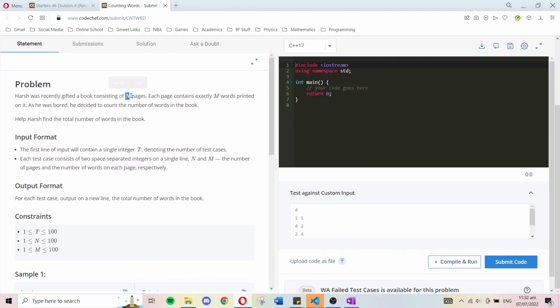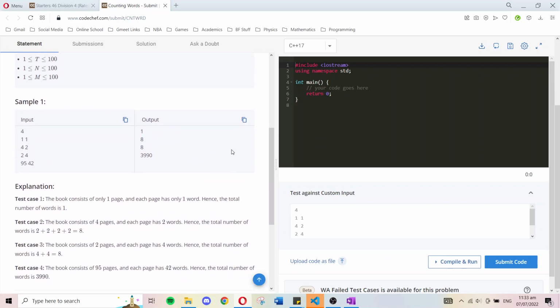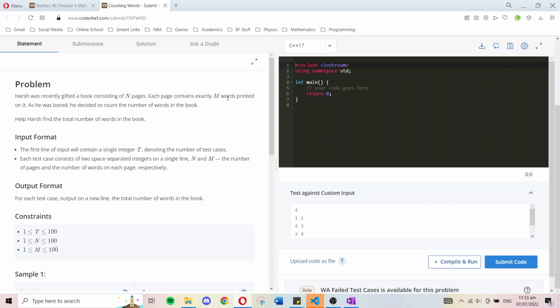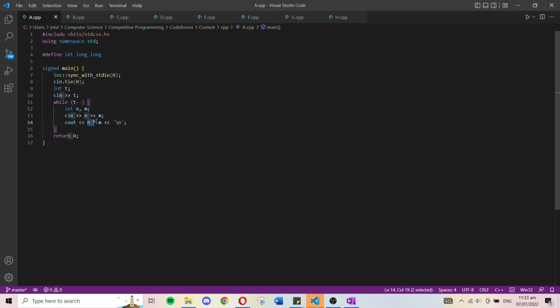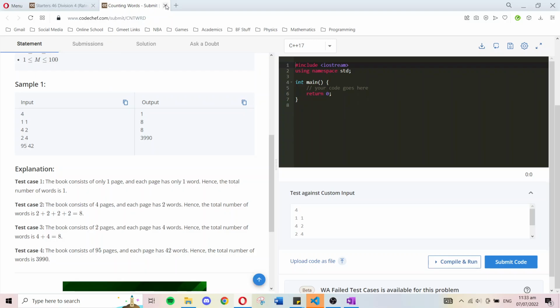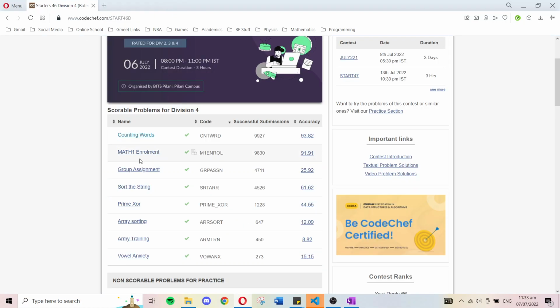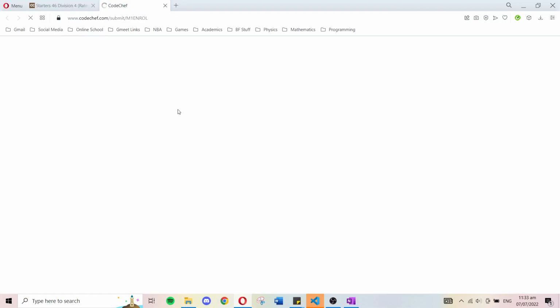So basically, there are n pages and there are m words per page. How many total words are there? It's literally just n times m, and no further explanation needs to be done there.